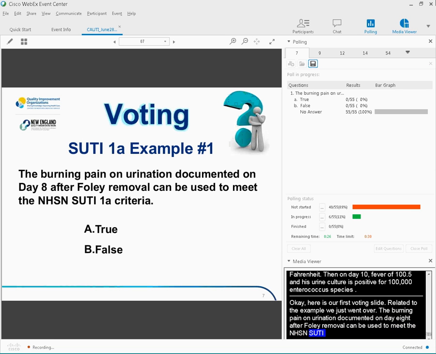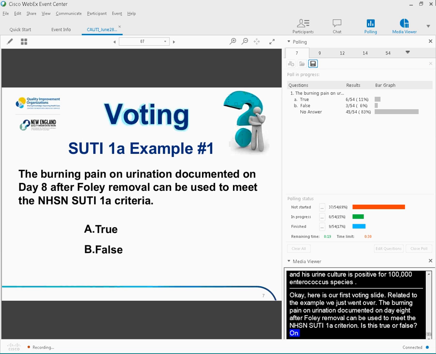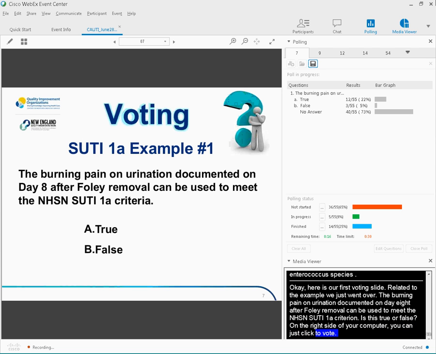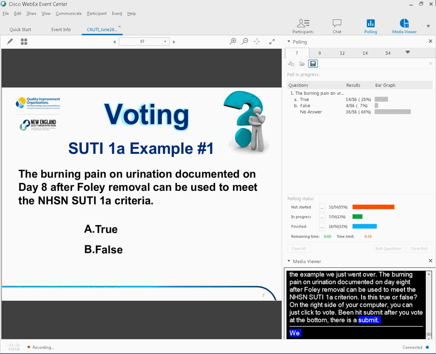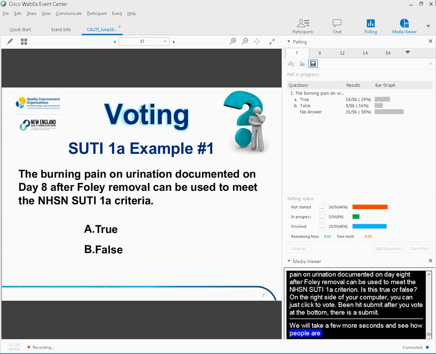So on the right side of your computer, you can just click to vote, and then hit submit. After you vote, at the bottom there's a submit link. And we'll just take a few more seconds and see how people are voting. We'll give it a few more so everybody gets the hang of the process.